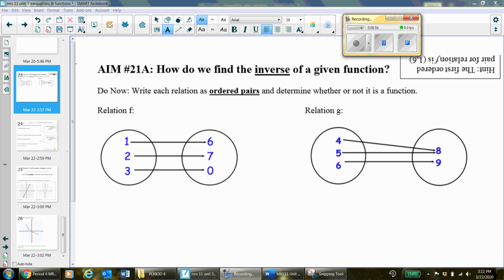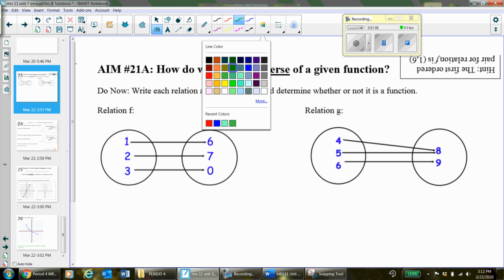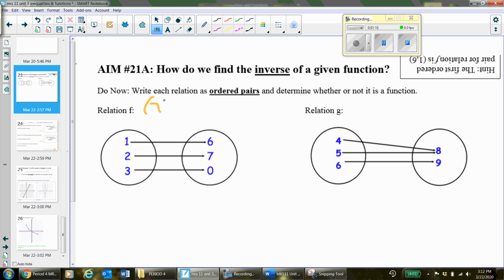Okay, so write each relation as ordered pairs and determine whether or not it is a function. Ordered pairs means writing this as x, y.